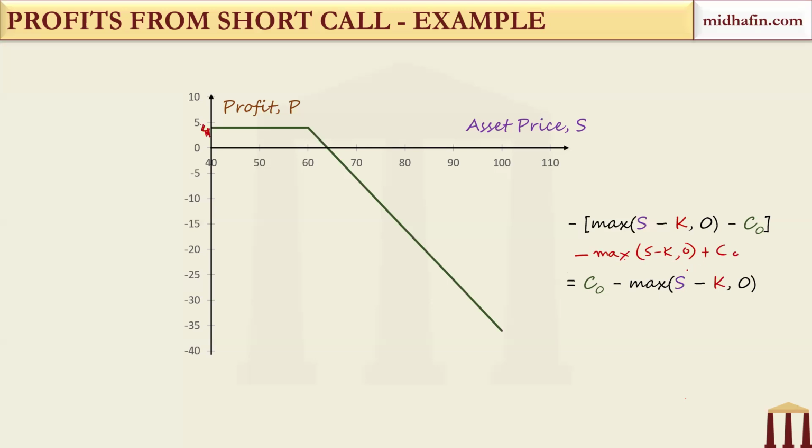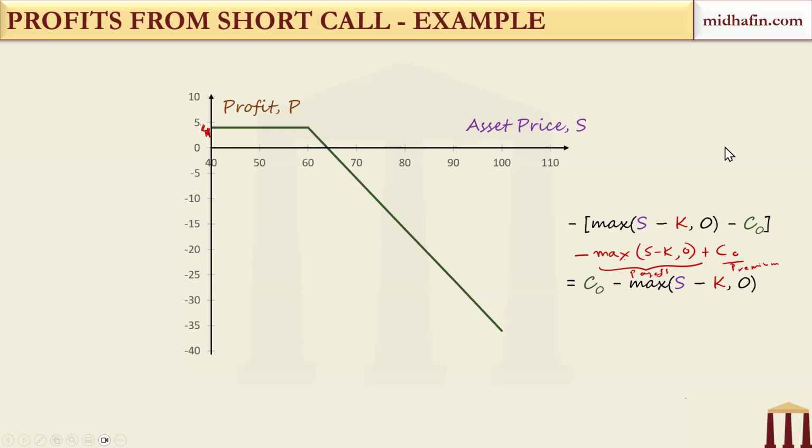This will be better. Why? Because it tells you very clearly that this is the payoff, and this is the premium. Premium is being added to the payoff. So it makes more sense actually. Payoff plus premium in this case.